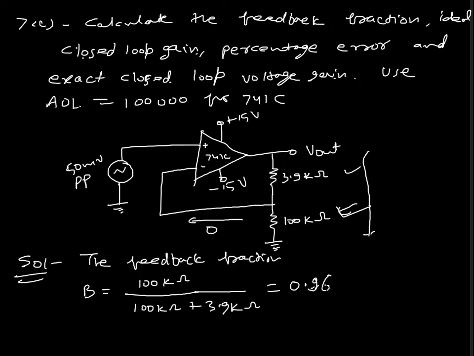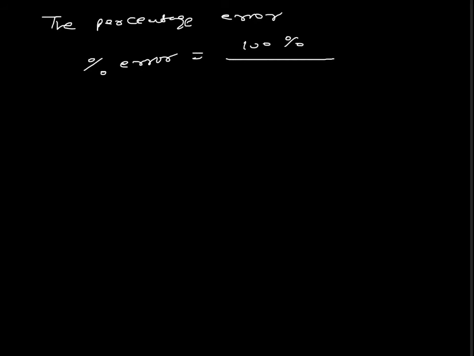Now next they're asking for the percentage error. Again the formula: percentage error equals 100% divided by 1 plus AOL B, equals 100% over 1 plus AOL, which is given as 100,000.